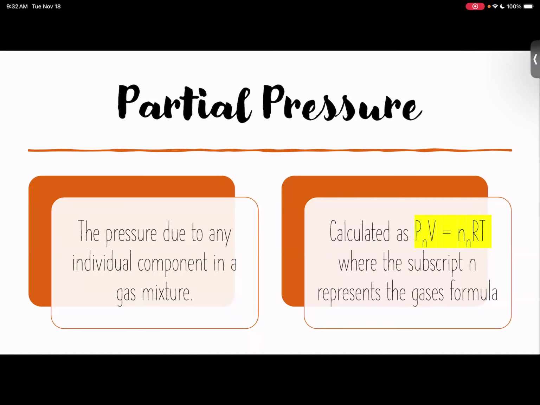You'll notice that the volume and the temperature here are constant. They are constant because the nitrogen and the oxygen are in this room at the same temperature, in the exact same dimensional space. So the volume and the temperature are constant. So the pressure of a specific gas times its volume is equal to the moles of that specific gas times RT.